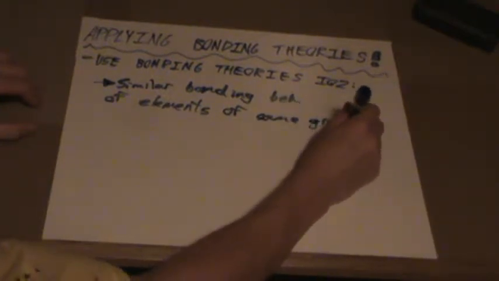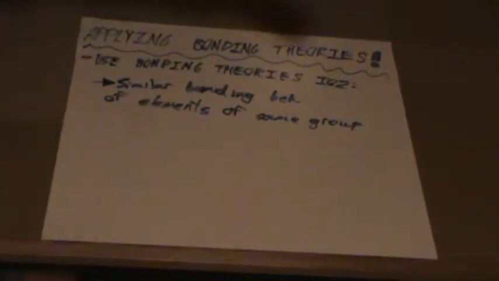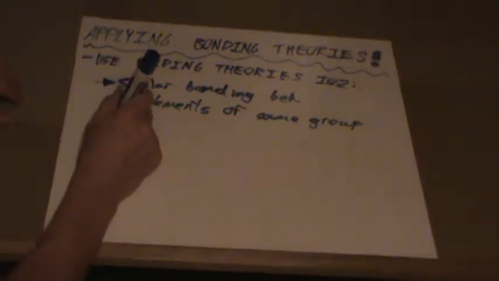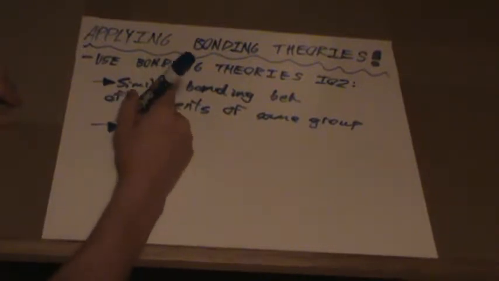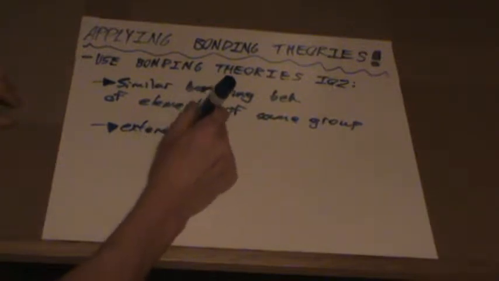And this is because their hybridized orbitals are the same when they bond in molecules, because they have the same number of valence electrons in their outer energy level. And then we talked about bonding using the extended octet, the empty d orbital, extended octet bonding.